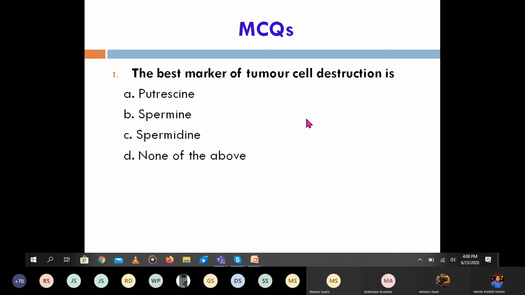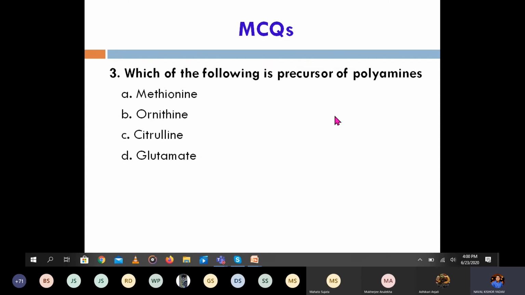The number of polyamines is more in cancer cells, because it is required for cell division and cell growth. In cancer cells there is uncontrolled growth and uncontrolled cell division, which means more polyamines are required. So those substances which can inhibit polyamine biosynthesis can be used as anti-cancer drugs.